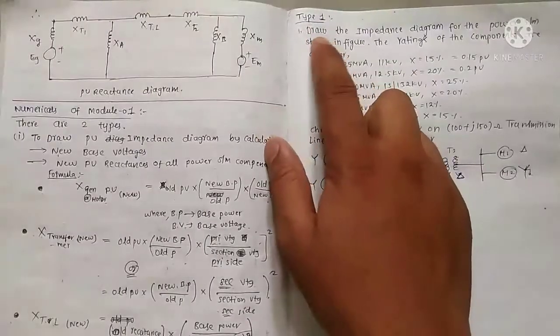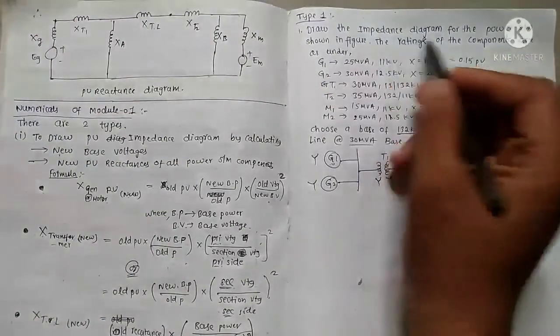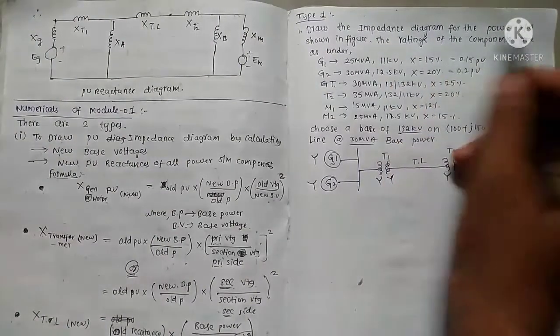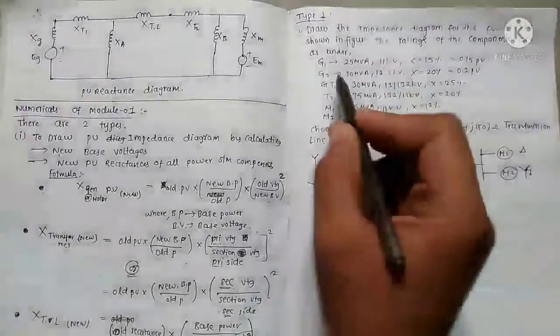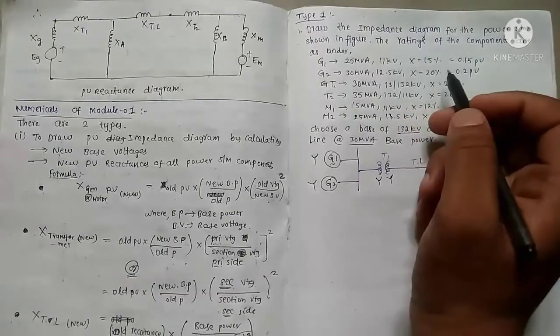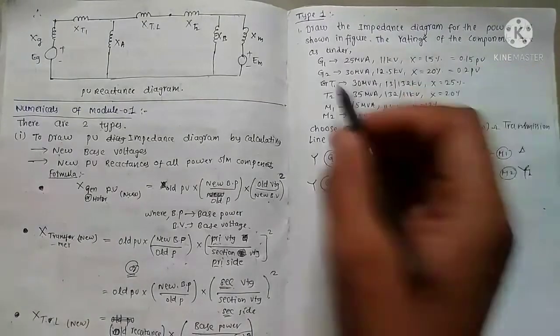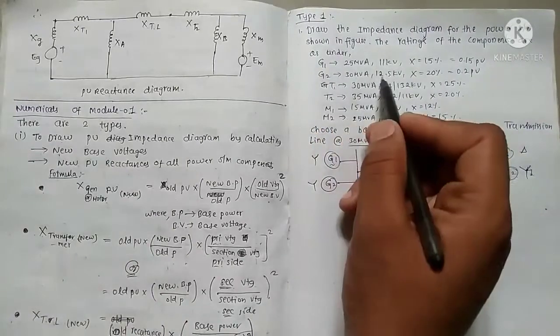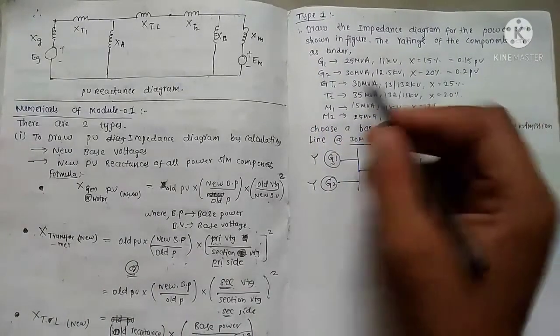Type 1 problems. Draw the impedance diagram for the power system shown in the figure. The ratings of the components are given. G1: 25 MVA, 11 kV, X is equal to 15%, which we need to convert into decimal value, 0.15 pu. G2: 30 MVA, 12.5 kilovolt, X is equal to 20%, that is 0.2, and so on.